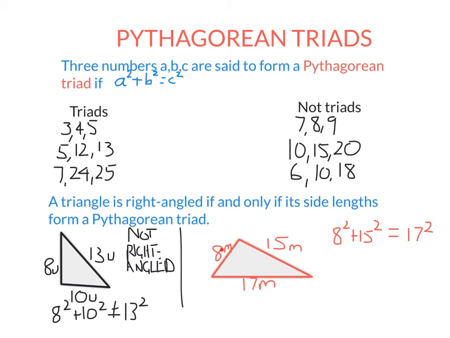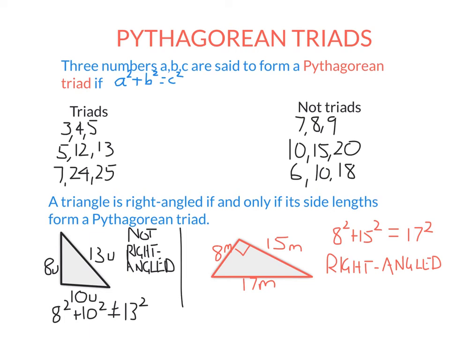In other words, a squared plus b squared equals c squared. So Pythagoras' theorem holds, and this is a right-angled triangle. Of course, the right angle is opposite the longest side. This being the longest side, it means that the right angle will be here. This triangle is right-angled. How easy is that?